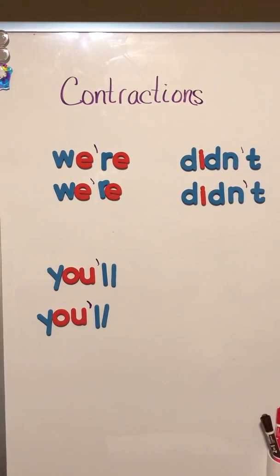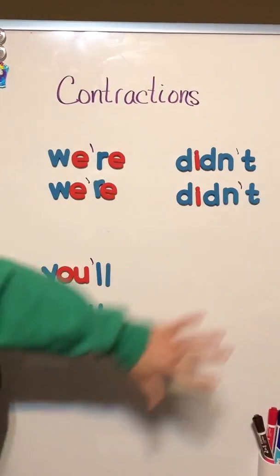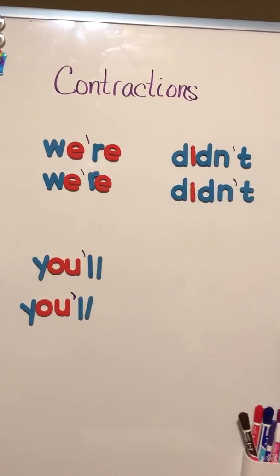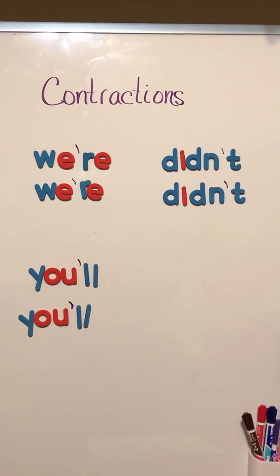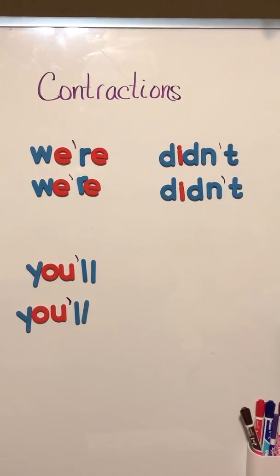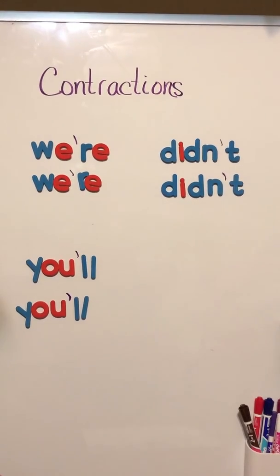Because if we were in class right now together, we would be brainstorming all of the contractions we can think of and recording them on the board. So instead of recording on the board, go to Google Classroom and share some contractions that you can think of.